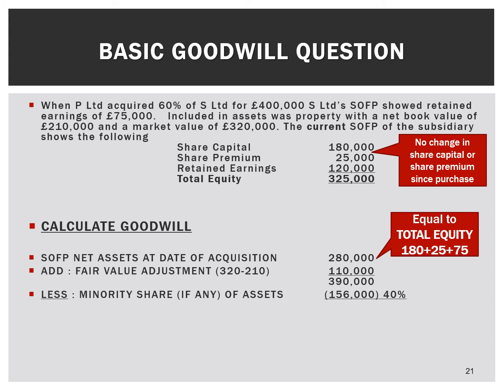We haven't purchased the whole of S Limited. We've only purchased 60%. So we've only acquired 60% of title to those assets. So we now have to deduct the 40% that belong to somebody else, to the non-controlling shareholders.